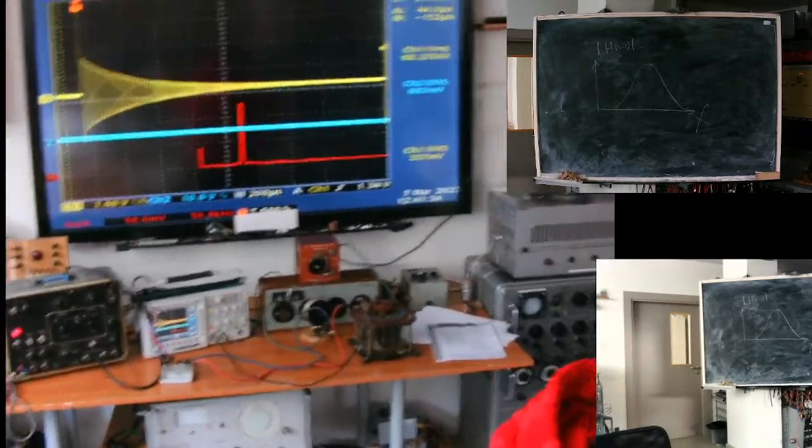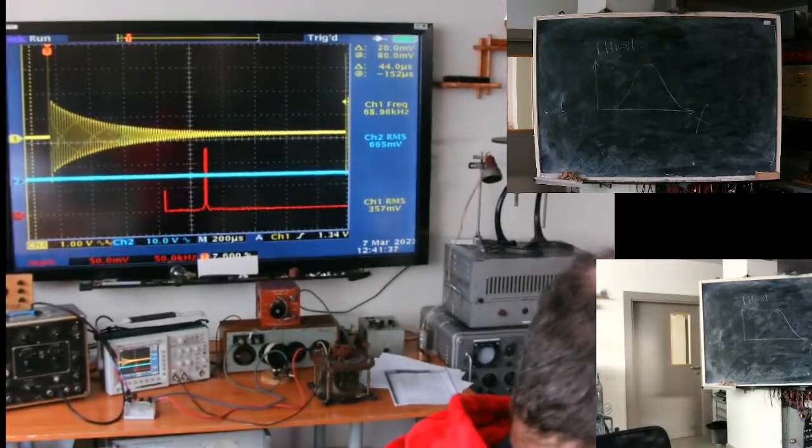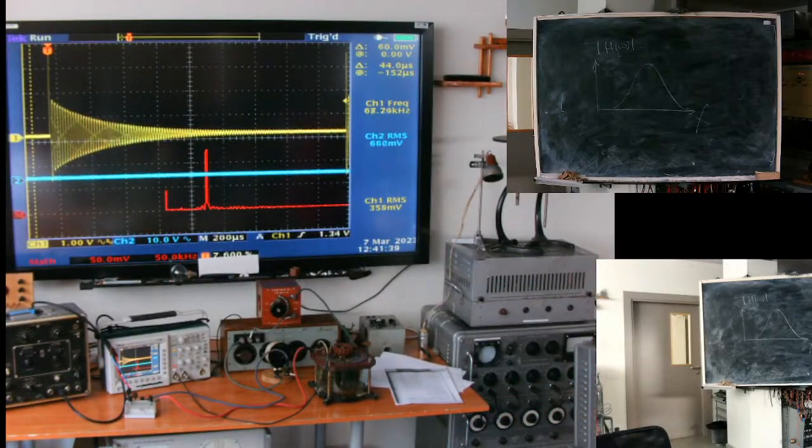We saw a resonance characteristic. Switch off.